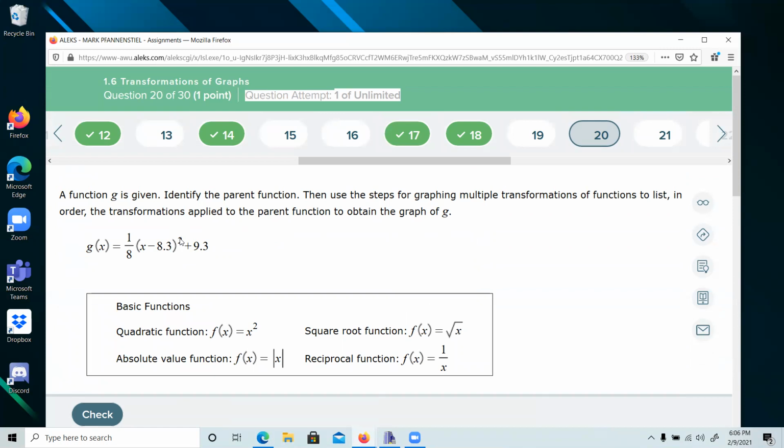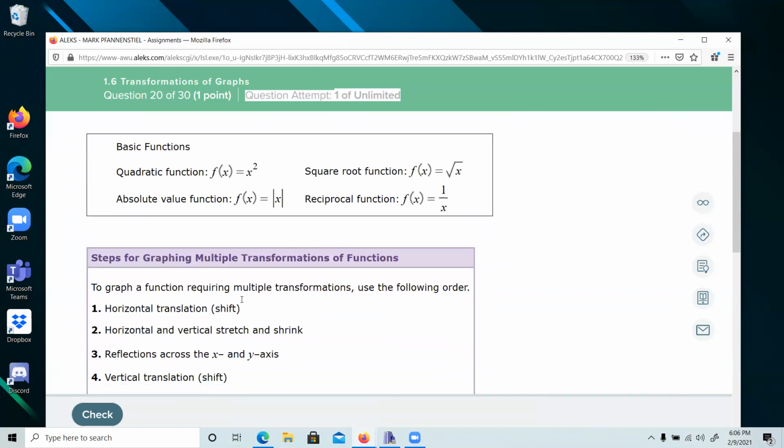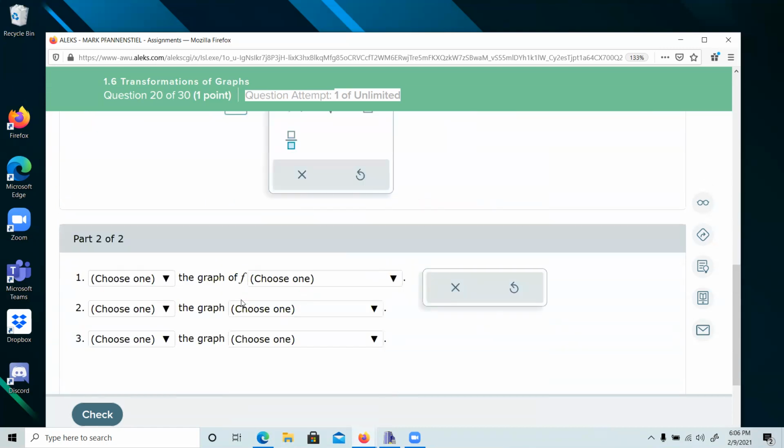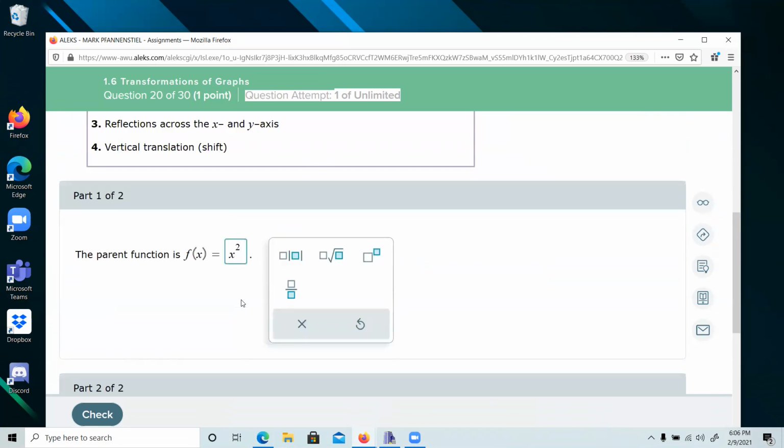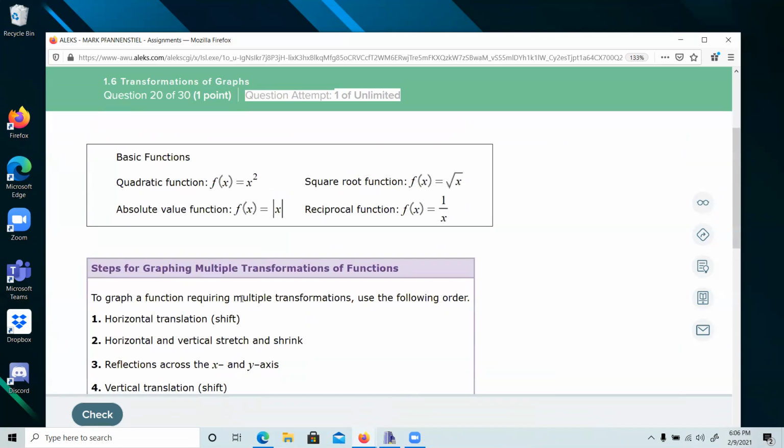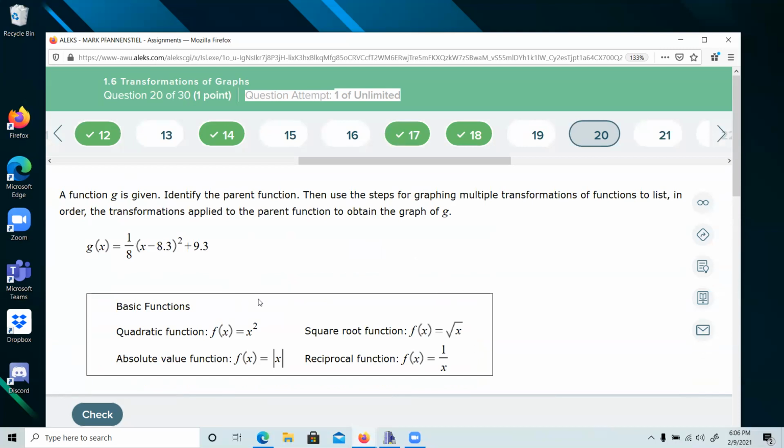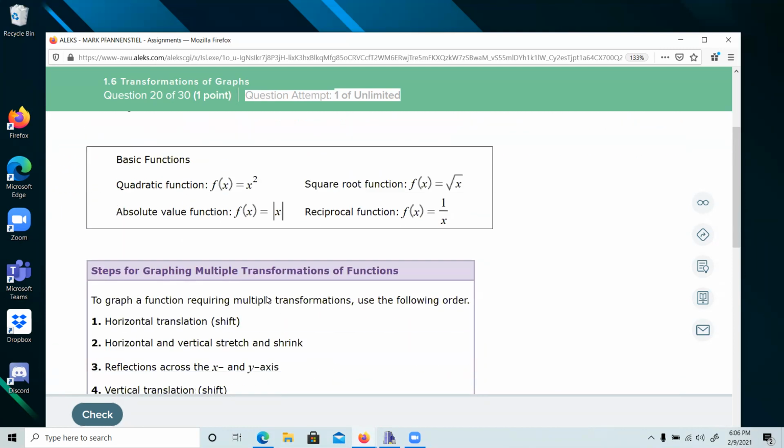Because it looks like a squared, I'm going to go with the basic function is x squared. I don't know if they're going to let us graph it, but if they do, you'll see it looks a lot like x squared. It's just different, not placed in the same spot. But the basic shape is going to be the same.